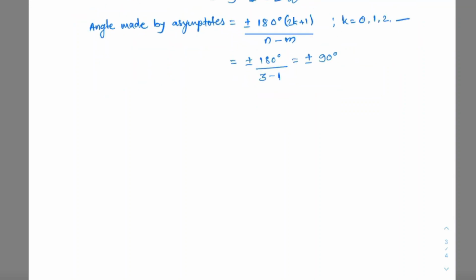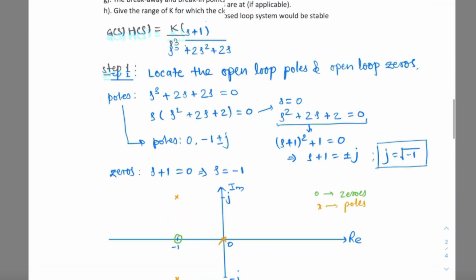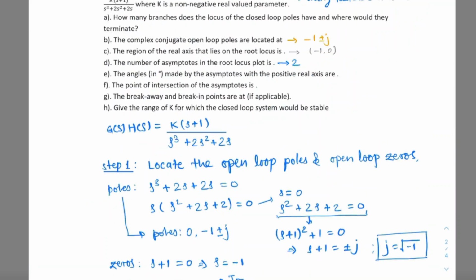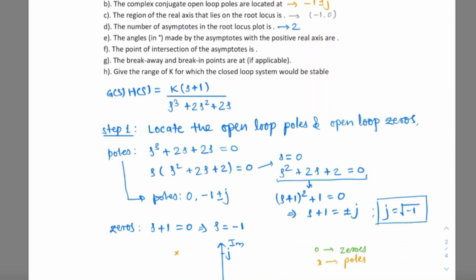So we are asking, so part E has now been answered. This is plus and minus 90 degrees. Now we are finding the point of intersection of the asymptotes.